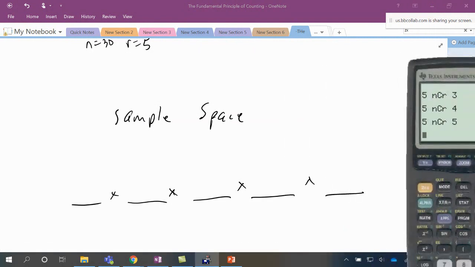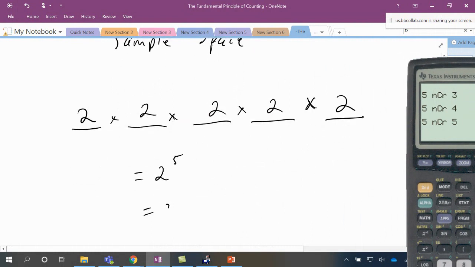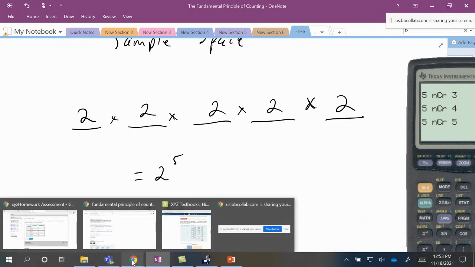For our first toss, there's only the choice of a head or a tail, so the choice there is 2. The choice is 2 for all 5 coin flips. So we have 2 to the 5th power, which is 32. I'm simply going to take the frequency and divide by the sample space, which is 32, and that will give us our probability.